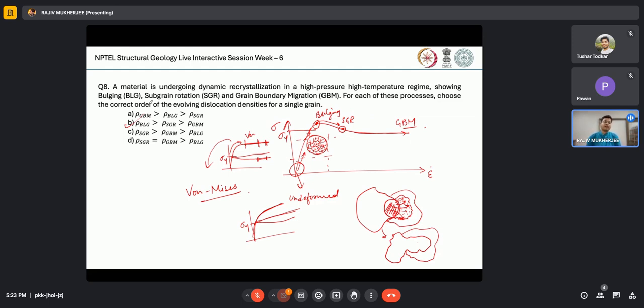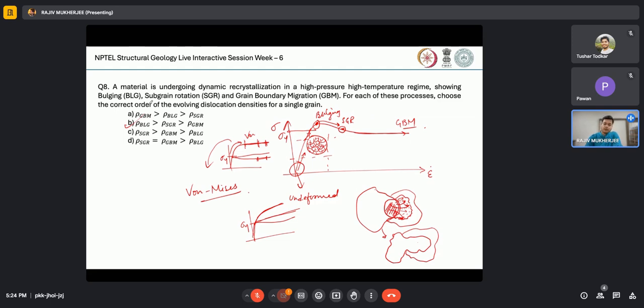So the correct option is rho BLG will be greater than rho SGR, which will eventually be greater than rho GBM. Keep in mind, I'm talking about completing the process. Bulging recrystallization means the bulging is complete, subgrain rotation is complete, GBM is complete. And eventually it will release the dislocations, so it will attain the recovery phase of dynamic recrystallization.